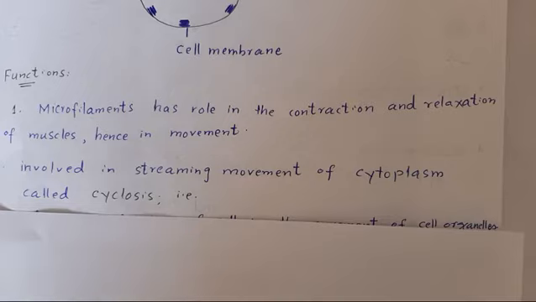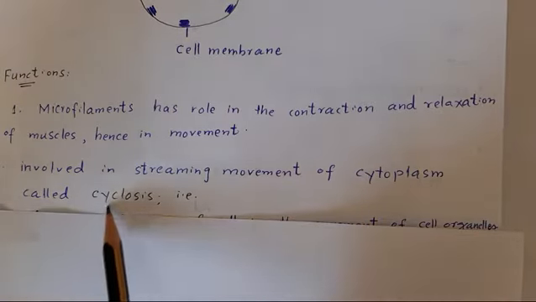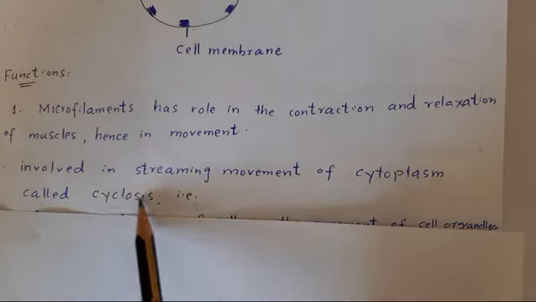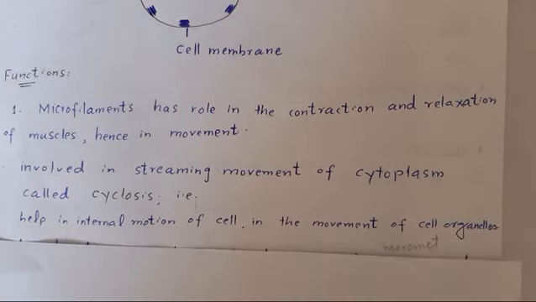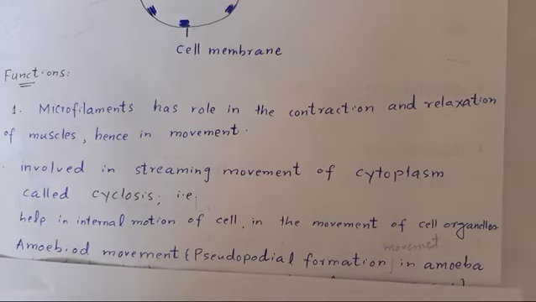Microfilaments are also involved in the streaming movement of cytoplasm, and the streaming movement of cytoplasm is called cyclosis. That is, they help in internal motion of the cell and in the movement of cell organelles.